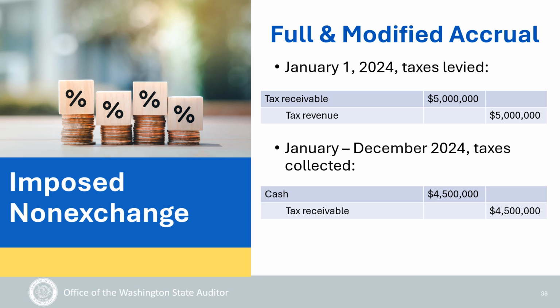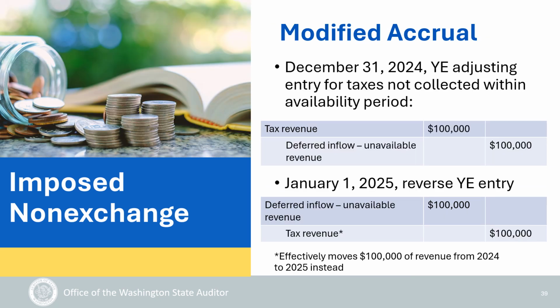That means we need an adjusting entry to correct this. The adjusting entry is to reduce revenue. To reduce revenue, we debit. Since the $100,000 is unavailable, the credit side of our transaction is to deferred inflow, unavailable revenue.